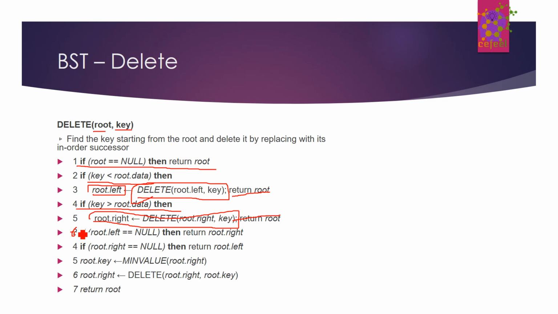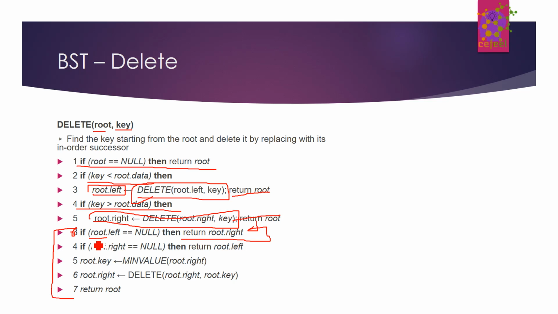Here we need to check all three cases that we were seeing. First, we check if the root's left child is null. If so, the root only has one child, which is the right child. So we just remove the root and return the root's right subtree as the root.